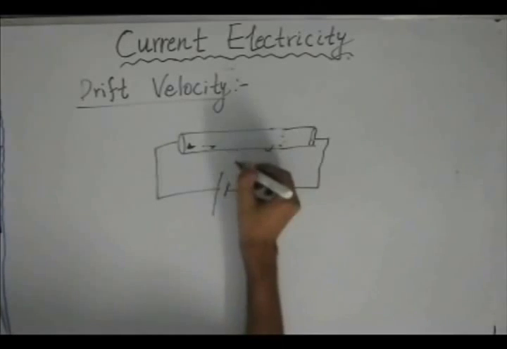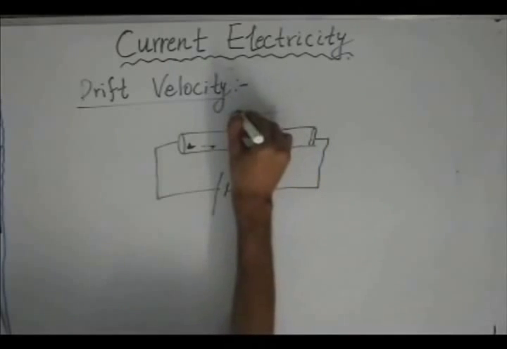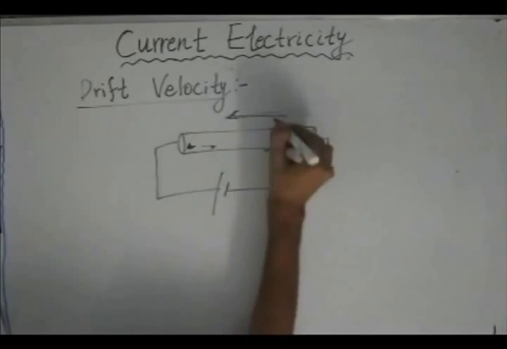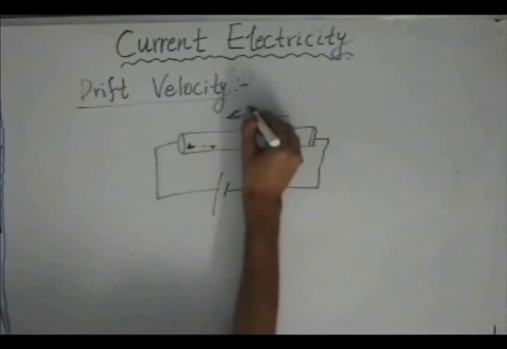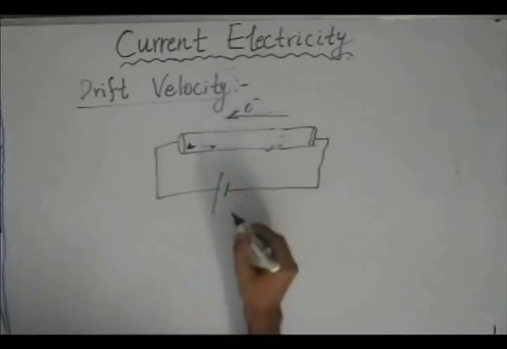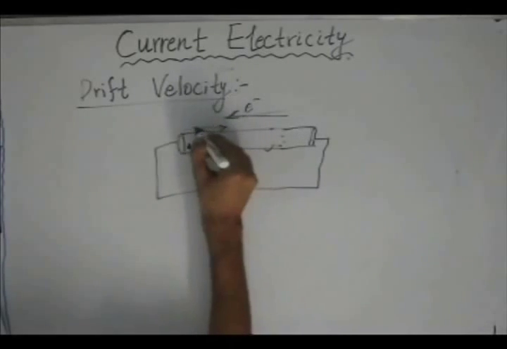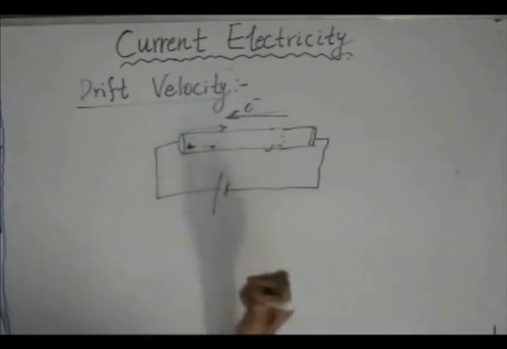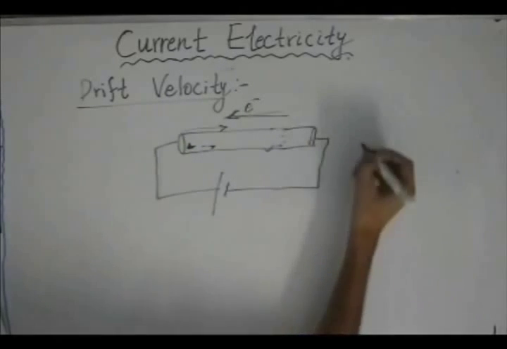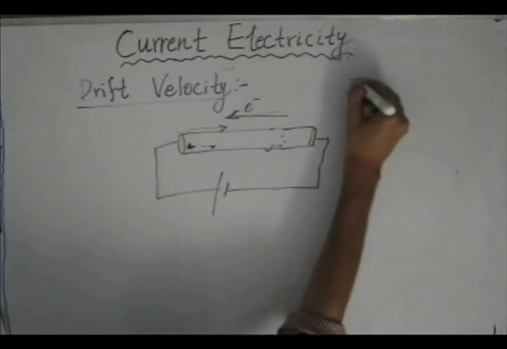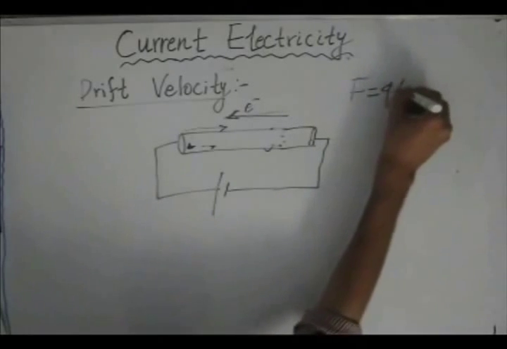That means the direction of motion of the electrons would be in this way, and the direction of the electric field would be in this. Now since it experiences a driving force, we know from electrostatics that the force is given as qE.